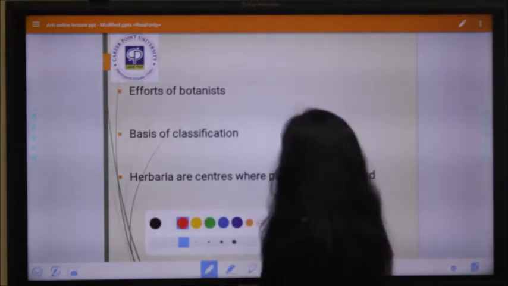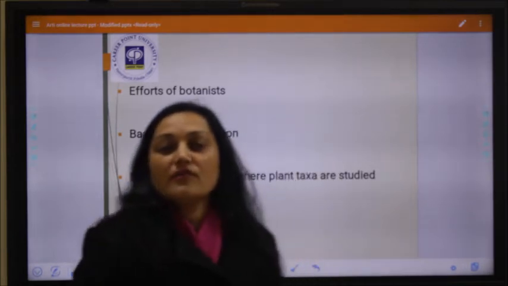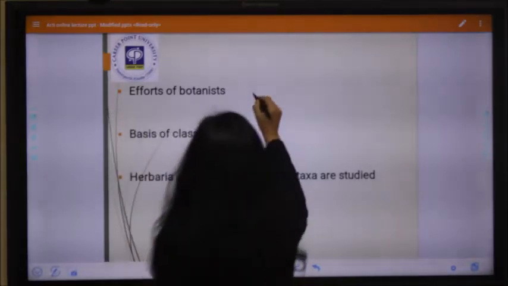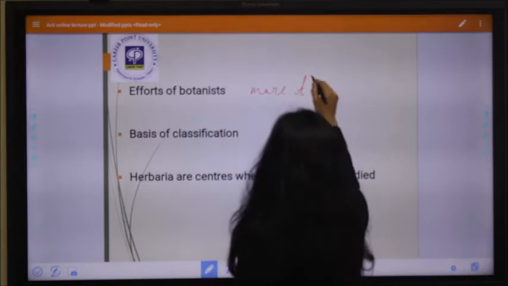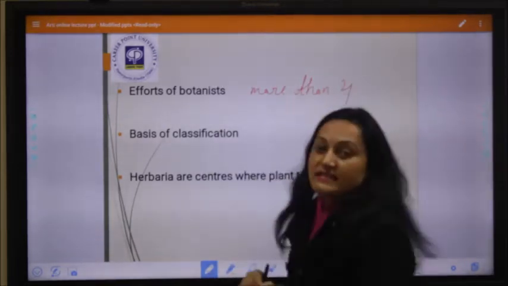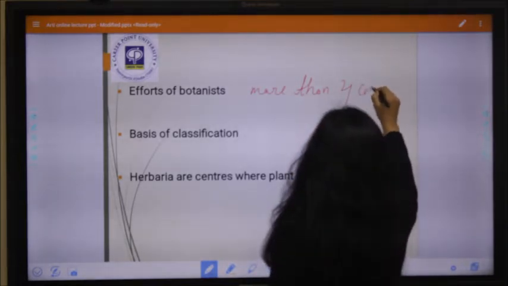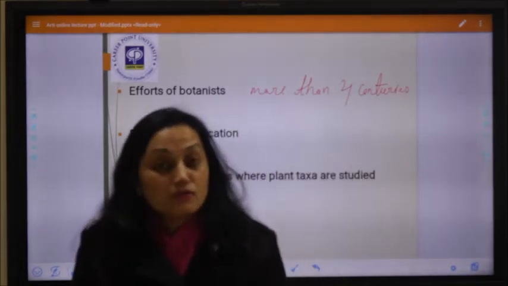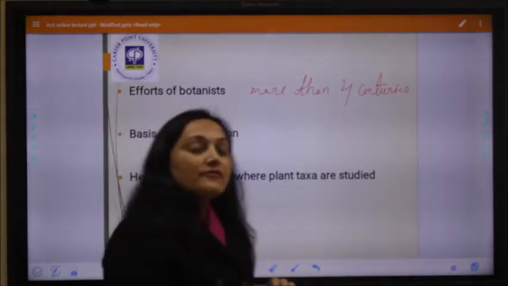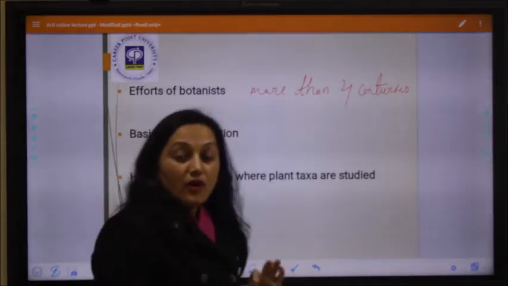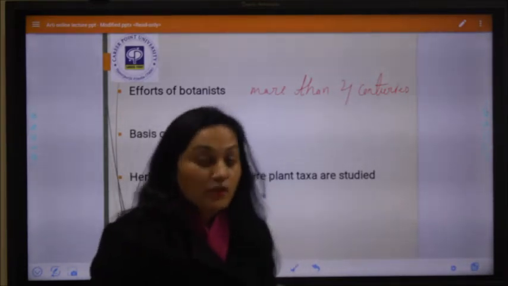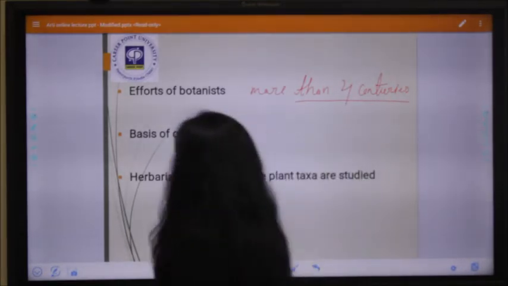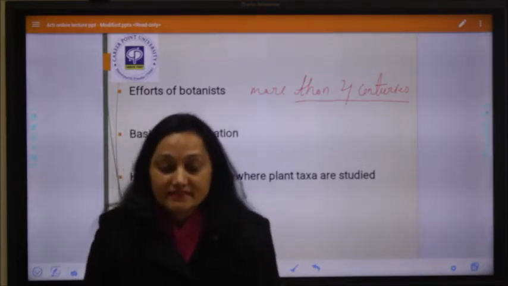The present concept and development of herbarium was the effort of botanists for how many years or centuries? For more than 4 centuries, means more than 400 years.